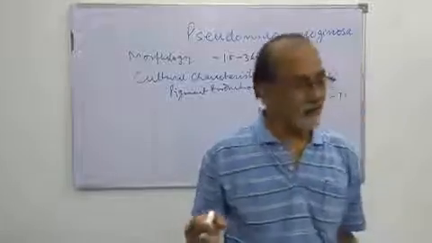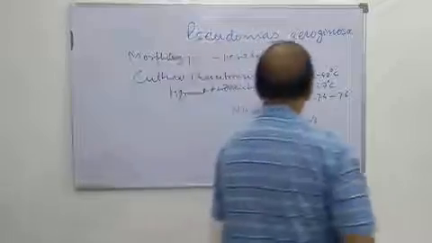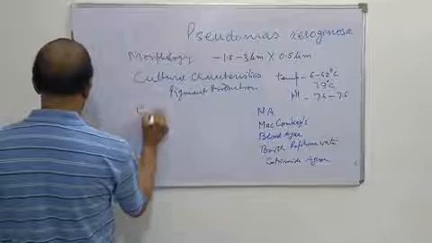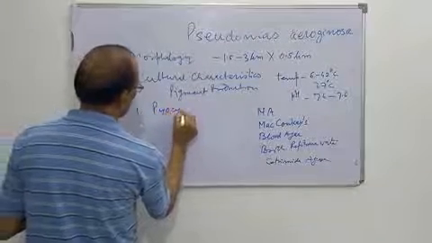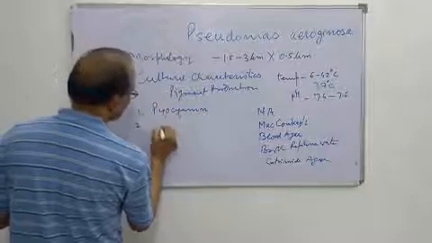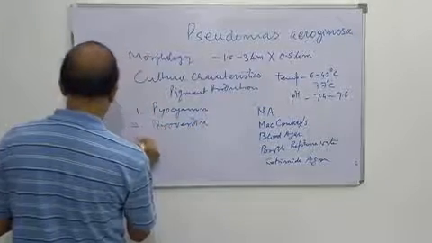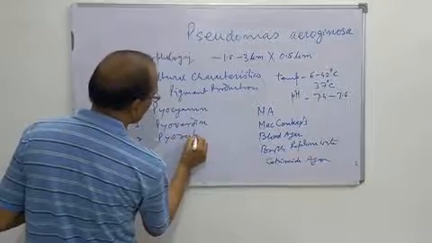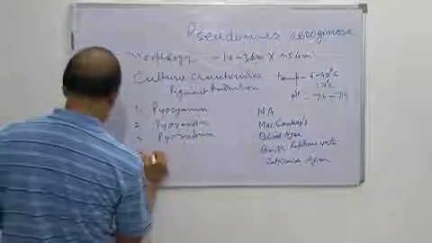There are 4 pigments we are going to discuss: first, pyocyanin; second, pyoverdin; third, pyorubin; and fourth, pyomelanin.